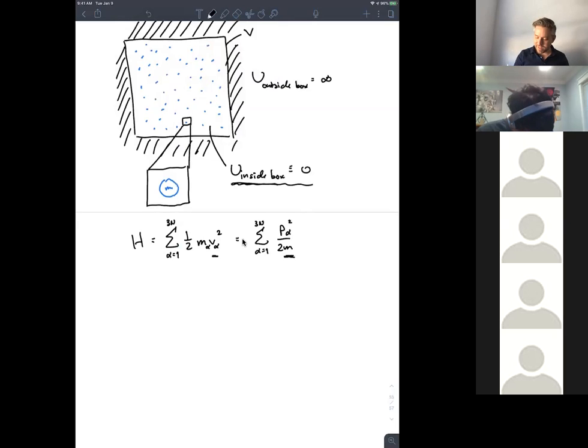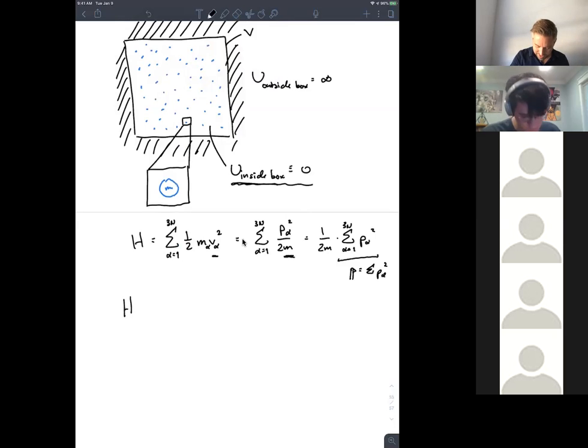Okay, and so now what I have here is a constant 1/2m times the sum over the square of all of my momentum components, 1 to 3n. To save myself some writing, this sum over all these momentum components I am going to call my big fancy P. So my big fancy P is this sum over my p alpha squared.